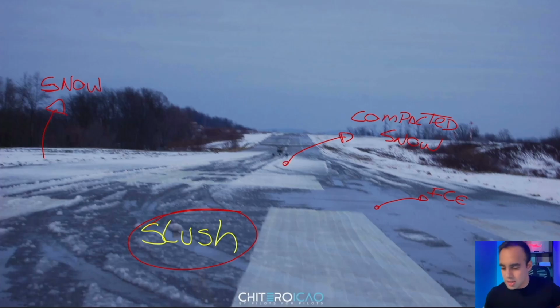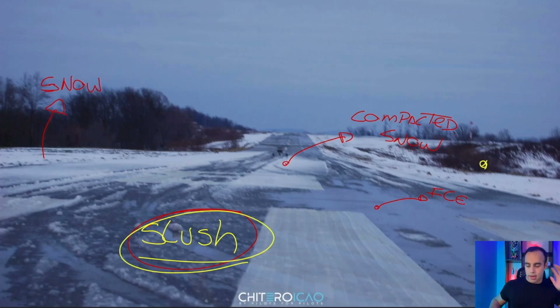That little mixture, that little mass between ice, snow, water and mud, that's slush. We're going to call that slush. And also, of course, we have mud when it's wet. This is something I want you guys to know because this is the kind of word that, when we don't know what it means, it's impossible to guess. We can't guess like, oh, slush, I'm going to imagine it's ice with water and snow.